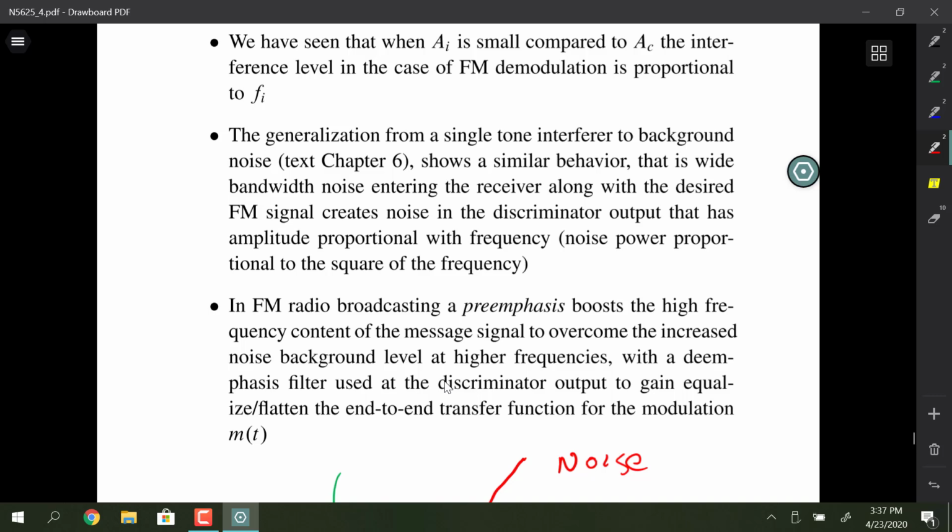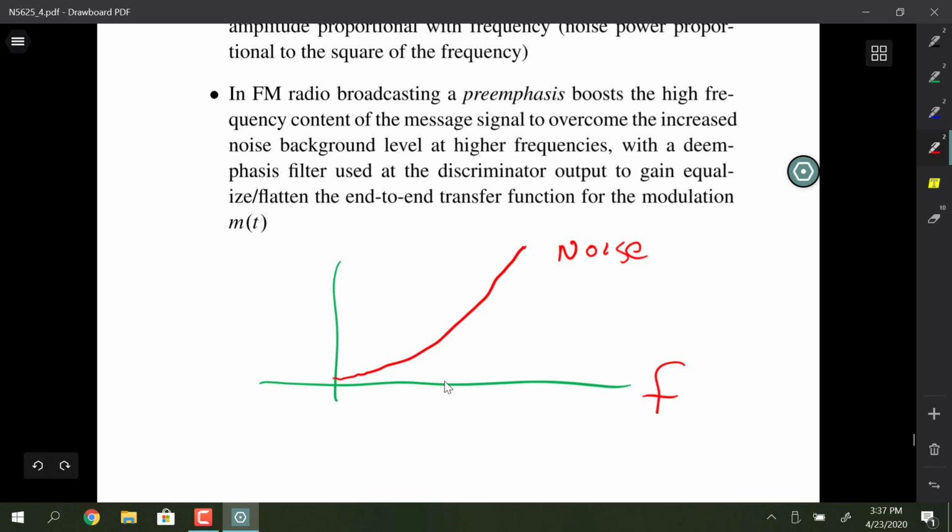So what is done is something called pre-emphasis and de-emphasis. When you're just tuning around and don't hear an FM station on the dial, you hear all that noise, and that is the kind of noise we're talking about, but that noise has been shaped in such a way that it tries to roll off at the higher frequencies.